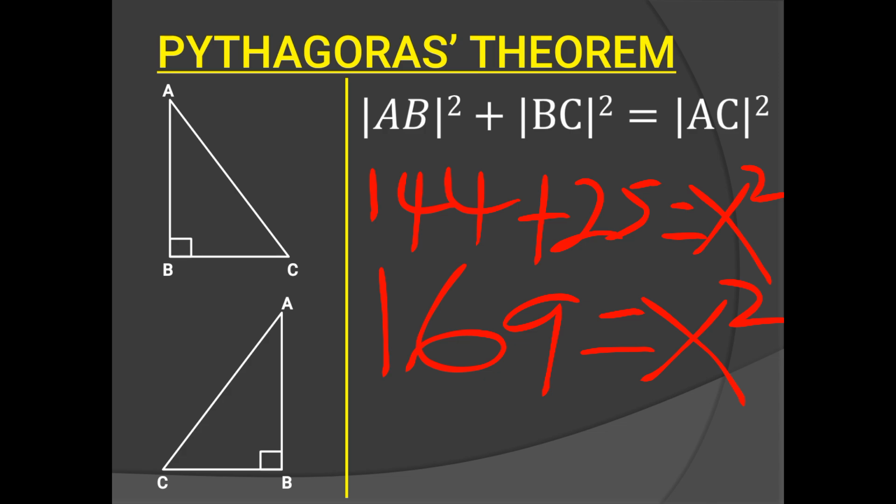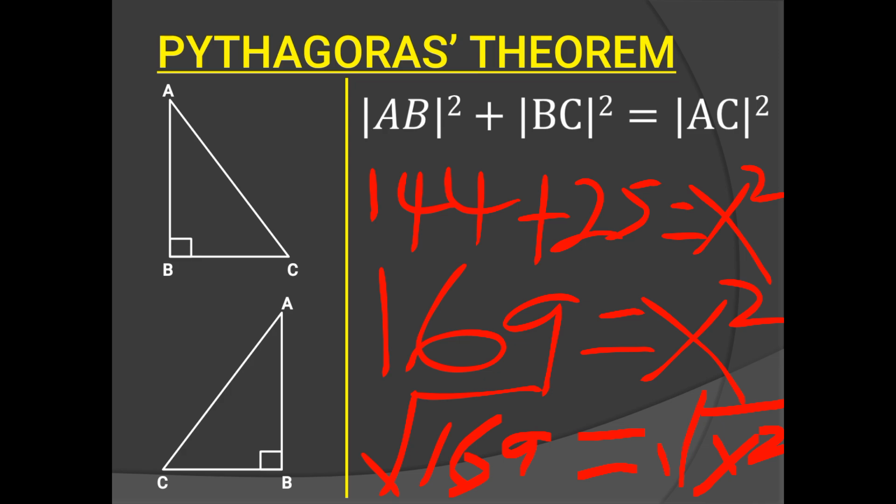So again, we are looking for x, not x squared. So what do we do? We apply the square root sign at both sides. So square root of 169 is equal to square root of x squared.